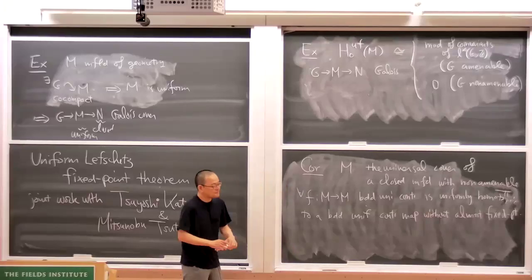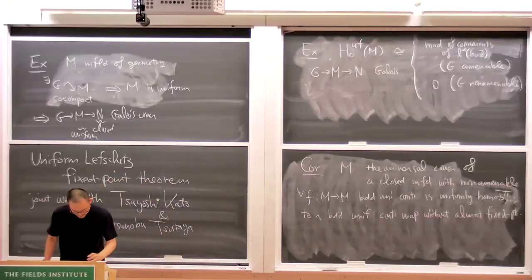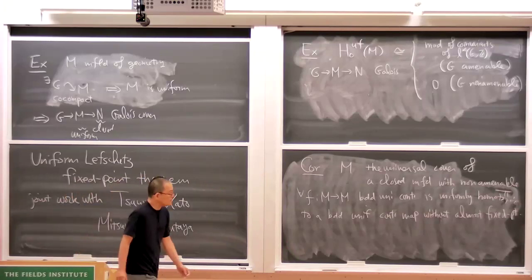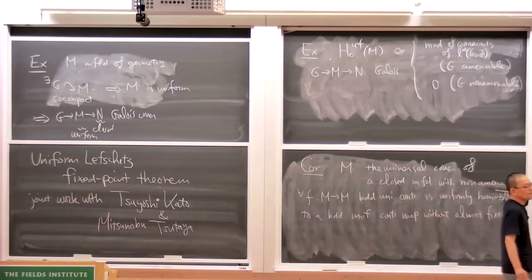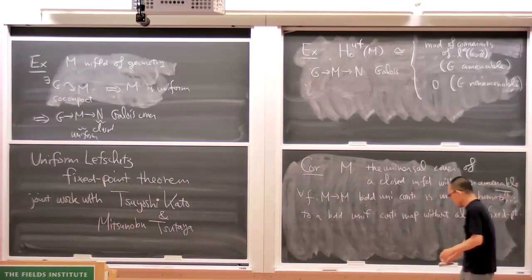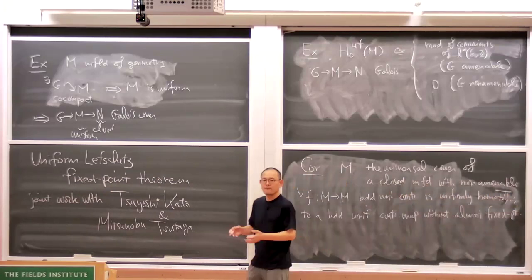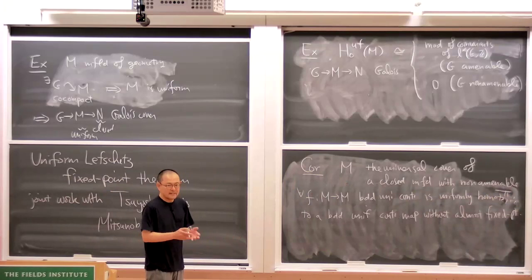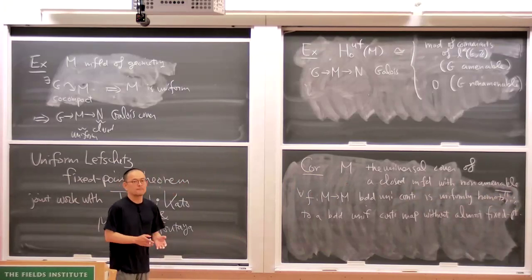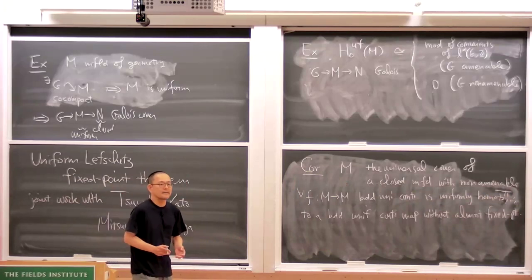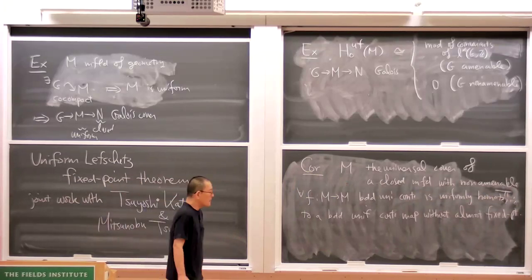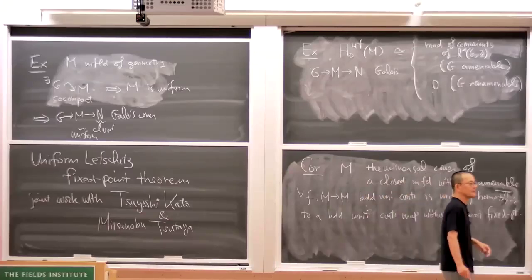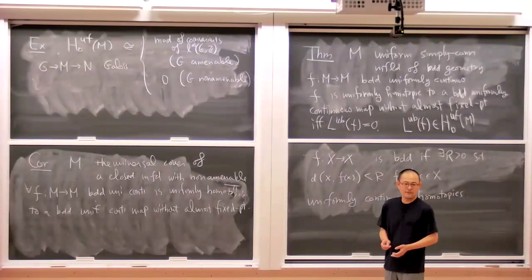I'm going to roughly explain how to construct this uniform bounded Lefschetz class. As I said, I follow the idea of Fadeo, defining the Lefschetz number by an obstruction class. But the point here is that we don't have the right cohomology for obstruction theory.